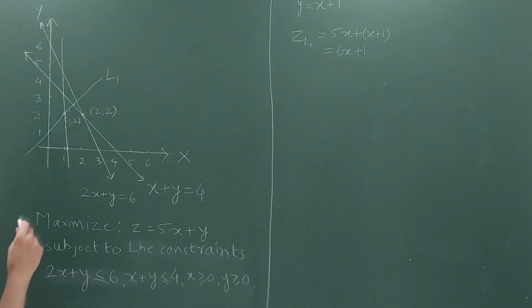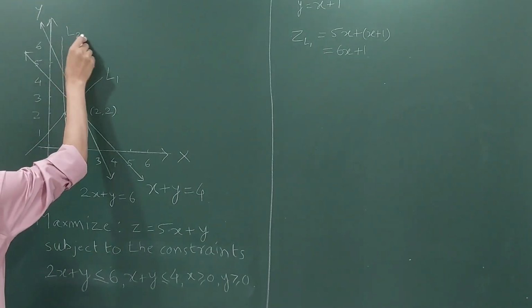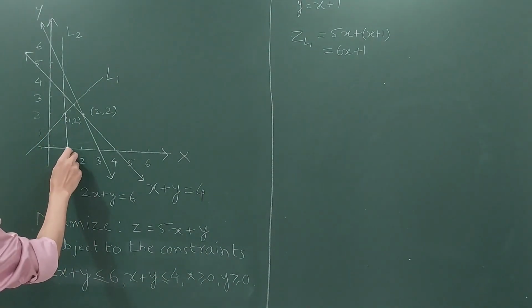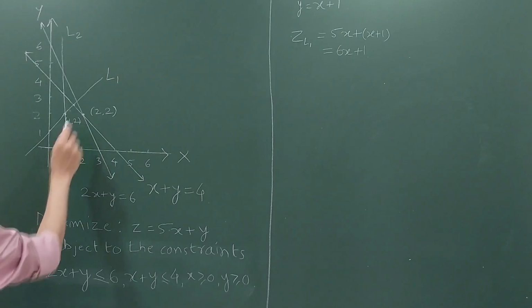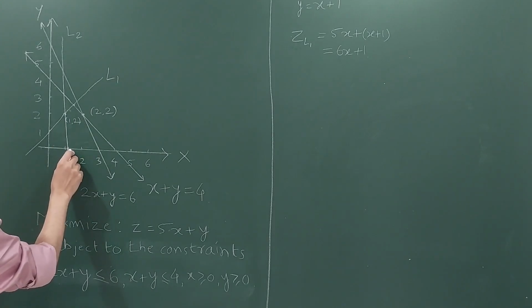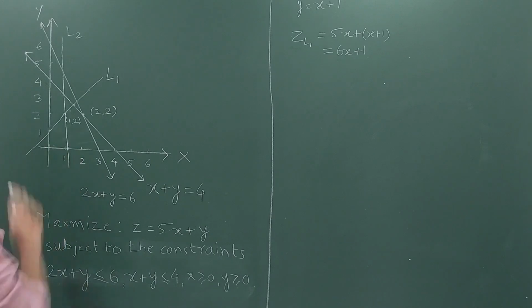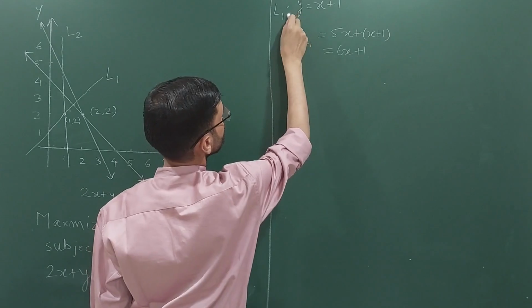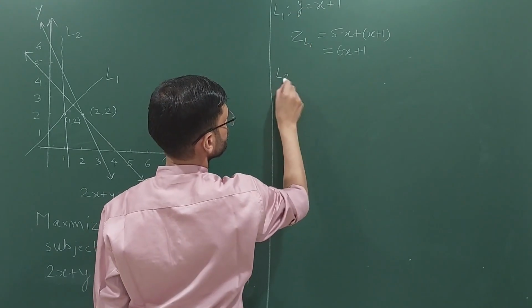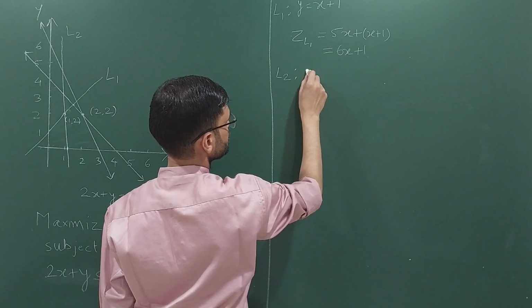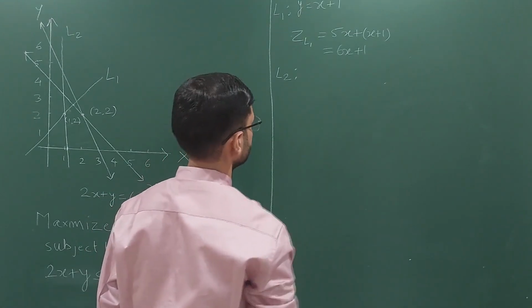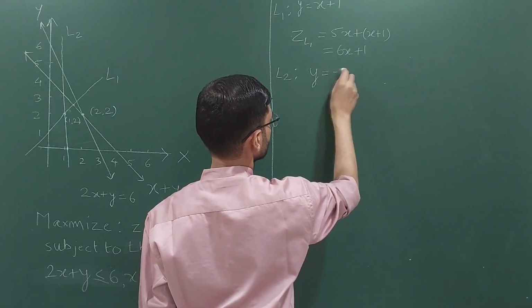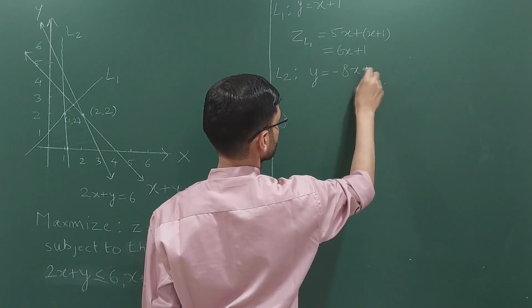Now let us call this line L2. This line L2 is passing through the point 1, 2 and 1.25, 0, and the equation of this line, this is L1, this is L2, is y equal to negative 8x plus 10.